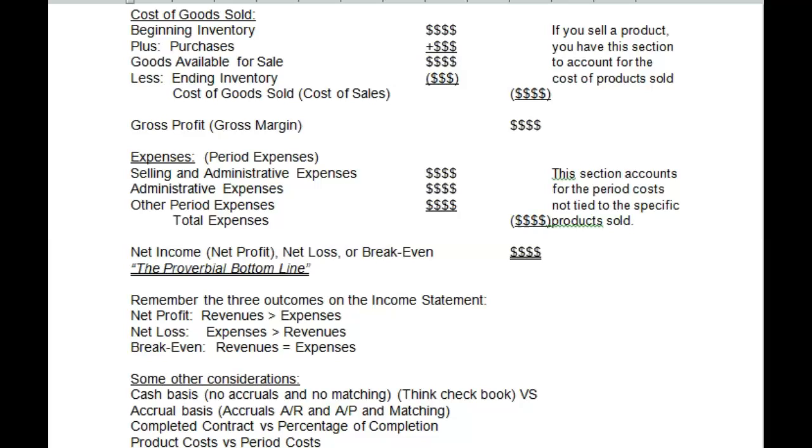But if you're in a nonprofit situation, maybe your nonprofit has been given grant money with the instructions, you need to spend this grant. What are you shooting for? You're shooting for break even, because if you have a quote net income unquote where your expenses were less than the grant, you know you didn't spend all the money in the grant.